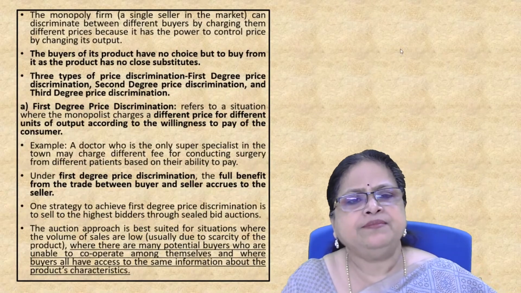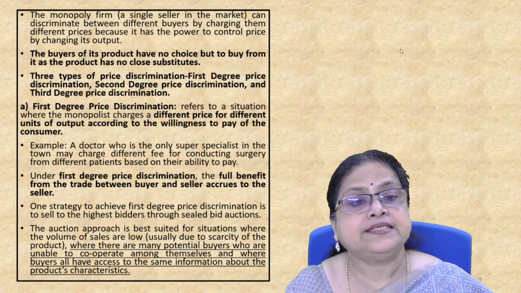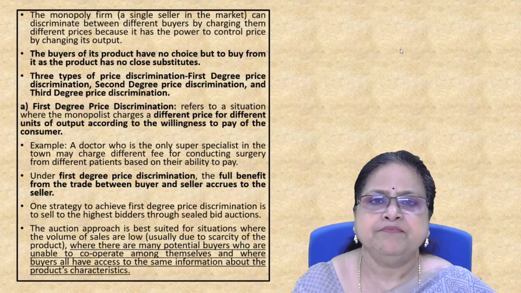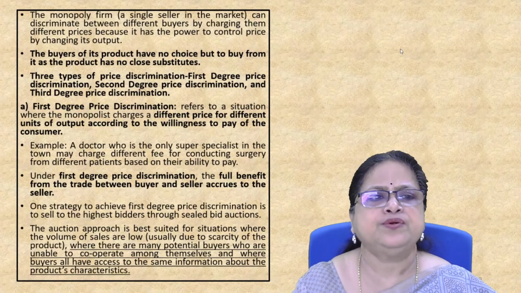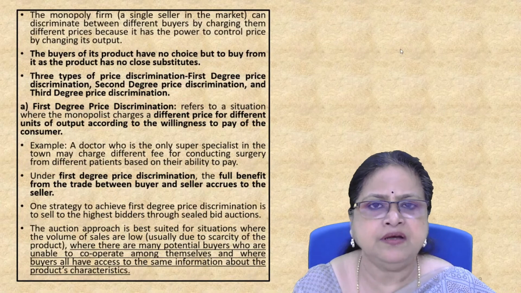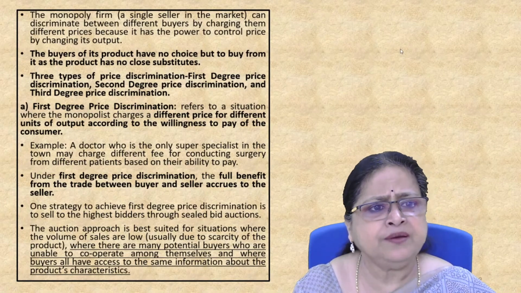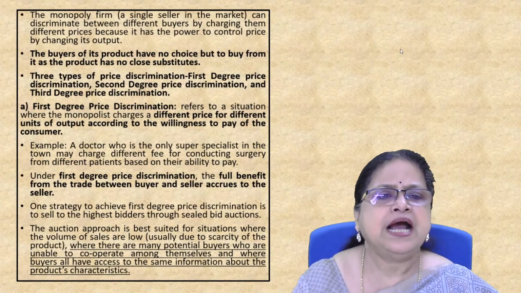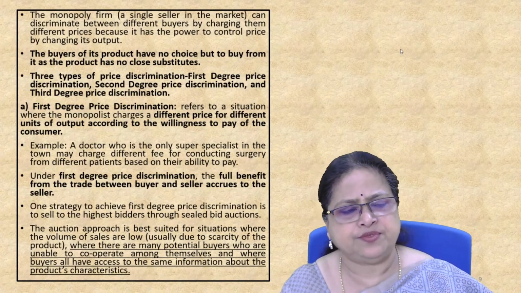The monopoly firm, a single seller in the market, can discriminate between different buyers by charging them different prices because it has the power to control price and the power to change the output. The buyers of its product have no choice but to buy from it, as the product has no close substitutes.